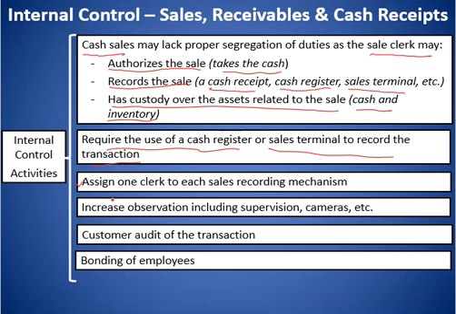It'll appear on a supervisor's terminal that the drawer has been opened without recording the sale, or there will be a buzzer or things like that. And obviously that goes with this next item in terms of cash sales, increasing observation. And that would be supervisors who are nearby watching cashiers, or cameras, etc.